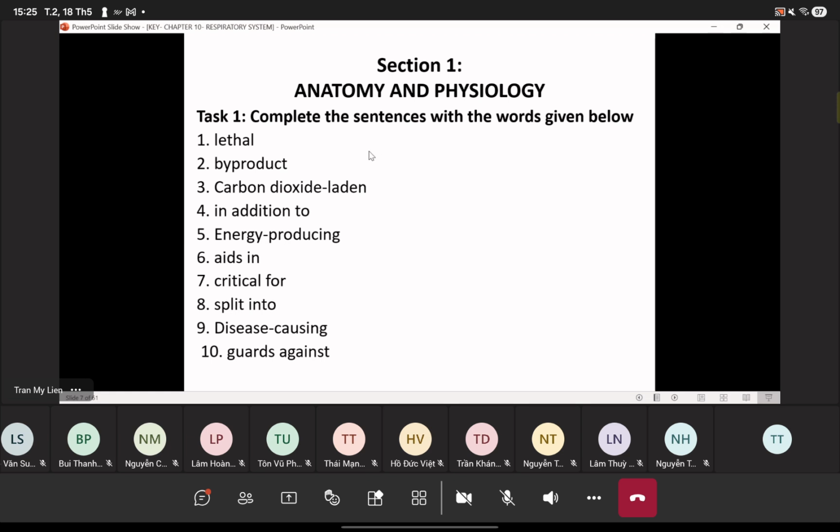Okay, now let's check the answers for the task. Task 1. Task 2.